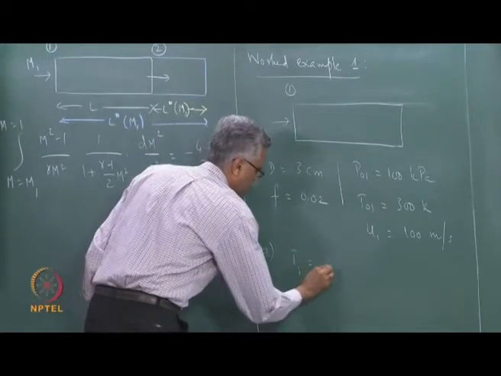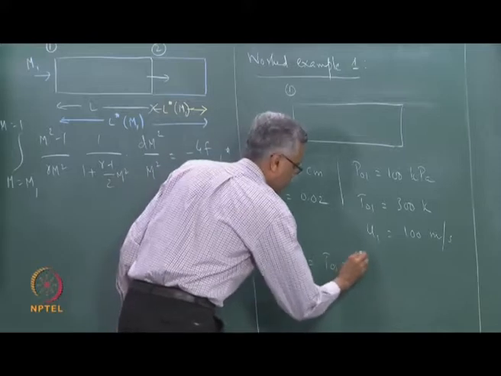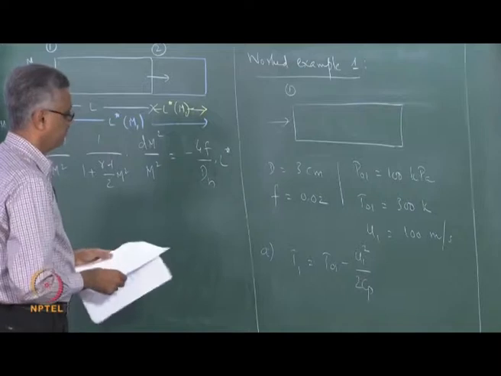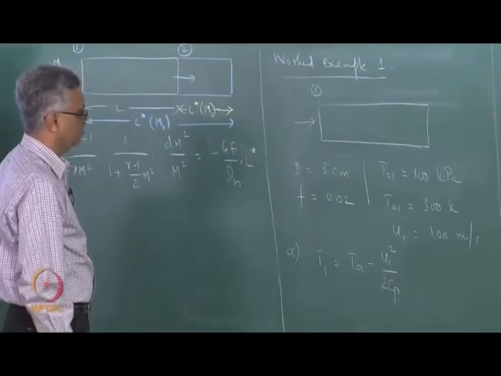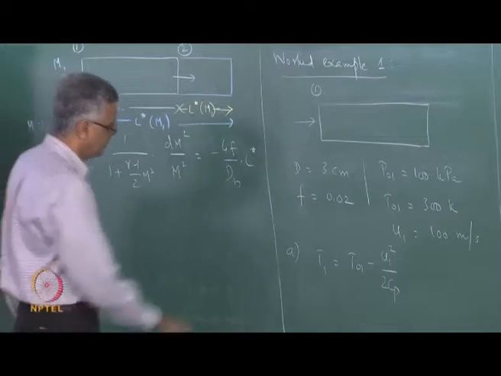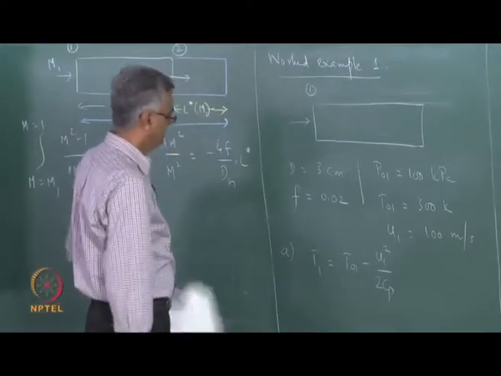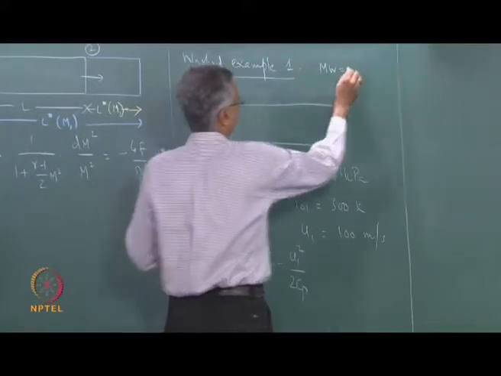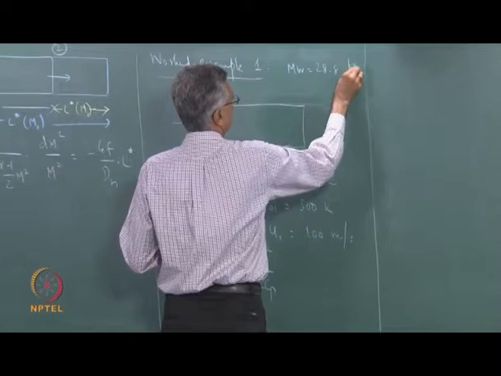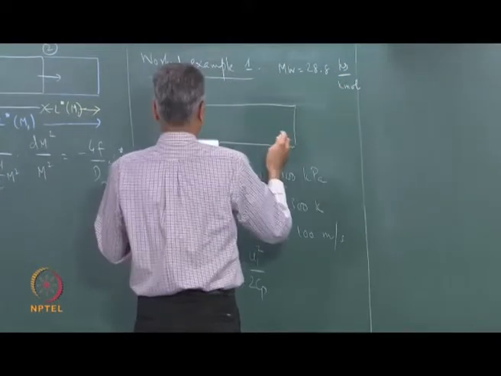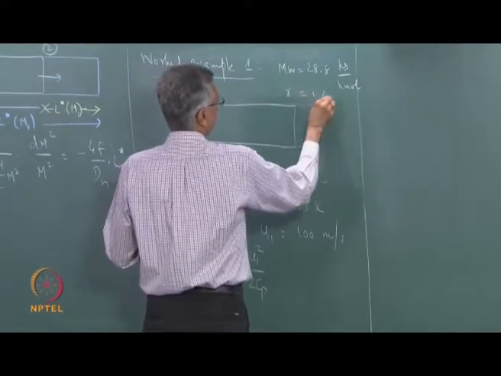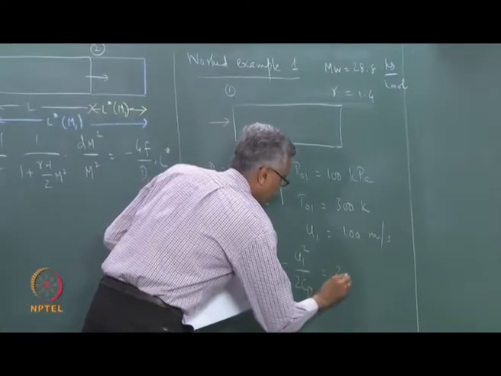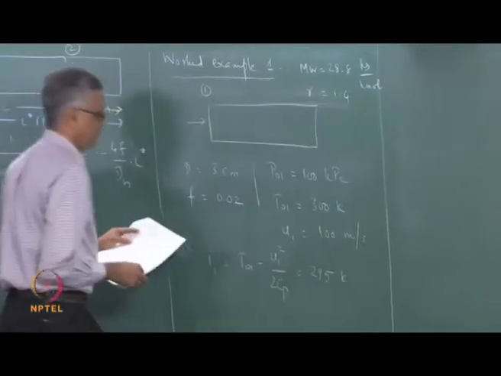So, T1 is going to be T01 minus U1 square over 2 Cp, and if you substitute the numbers that are given here for T01 and U1, and we will also say that we use molecular weight for air to be 28.8 kg per kmol, and gamma for air to be 1.4. So, if you substitute these numbers, we get the static temperature to be 295 Kelvin.